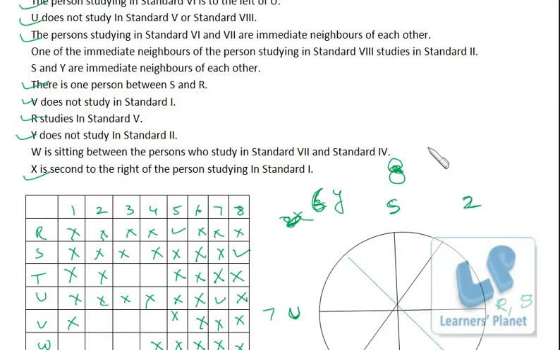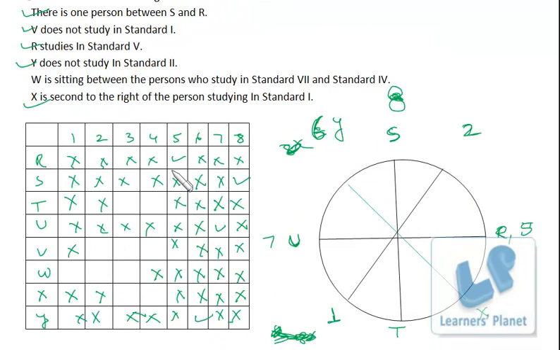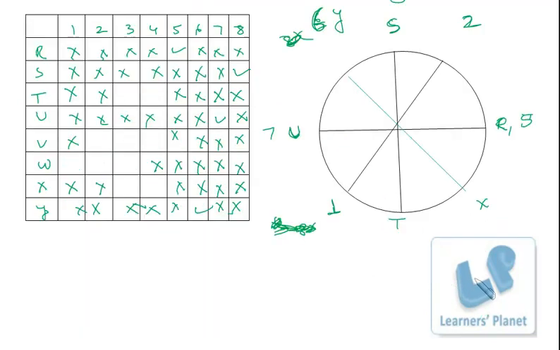Now we are done with almost all the information. One of the immediate neighbors studying 8 and standard 2, that's done. S and Y are immediate neighbors, that's done. W is sitting between the person who studies in standard 7 and standard 4. So here 7 and 4, so the 7 and 4 combination can be set over here only.